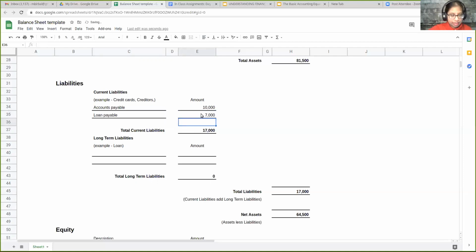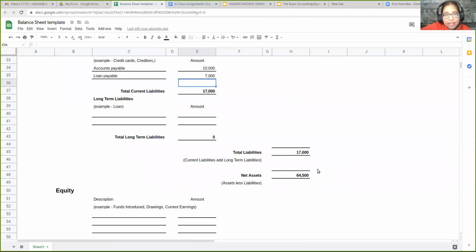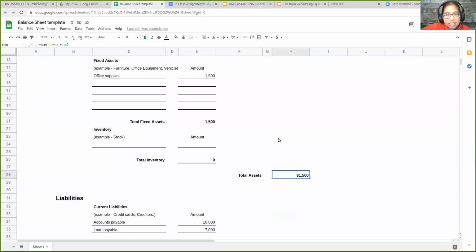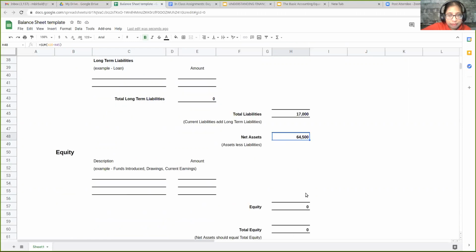All right. So that is all the balances that they have given to us. And we see from the template that your total assets was 81,500 and your total liabilities was 17,000. So your net assets would be the difference between those two, 64,500.